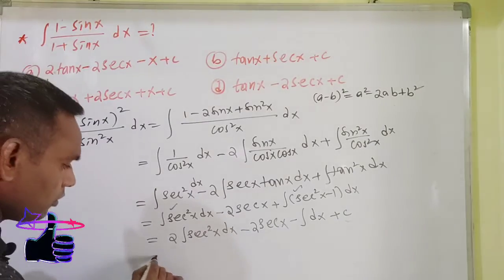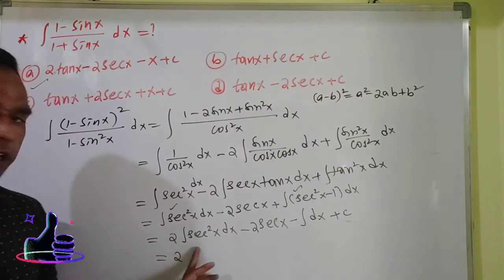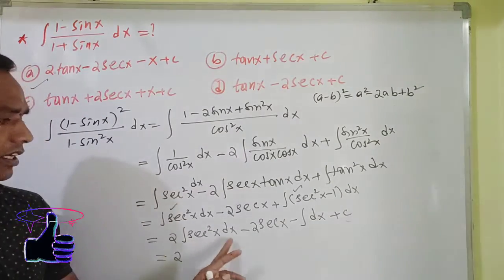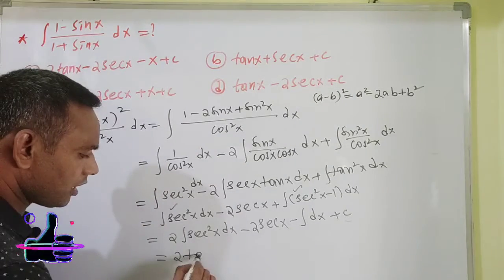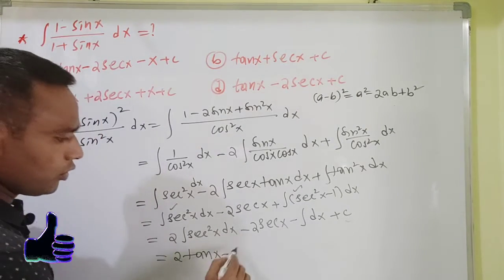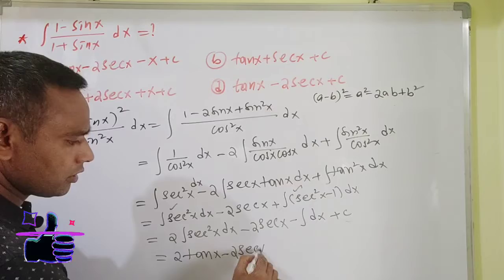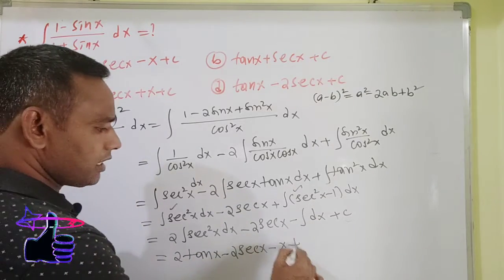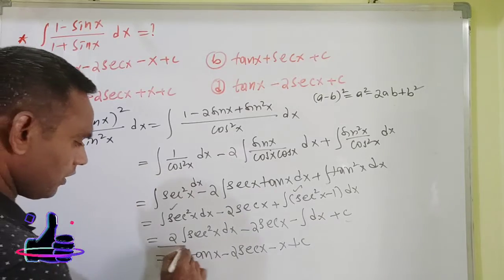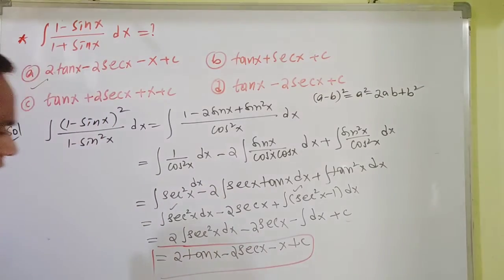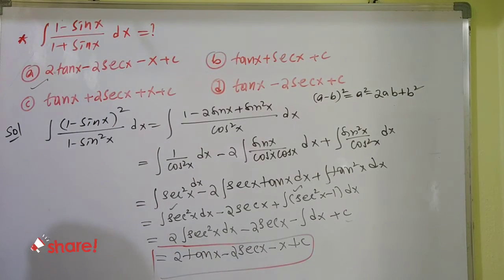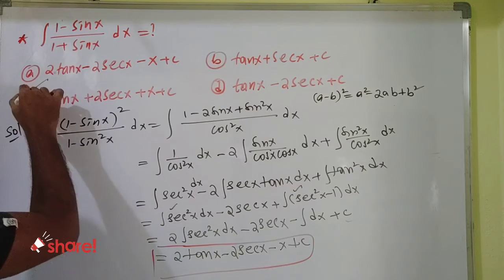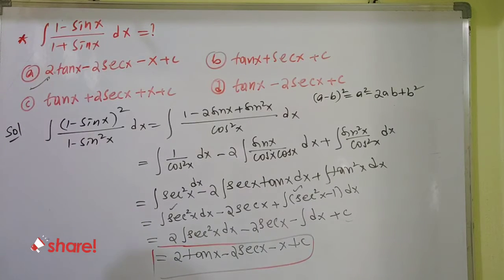Now 2 into tan x, minus 2 into sec x, minus x plus c. That is the answer, 2 tan x minus 2 sec x minus x plus c, which is option A.